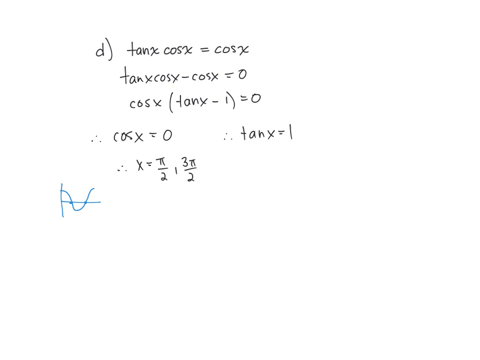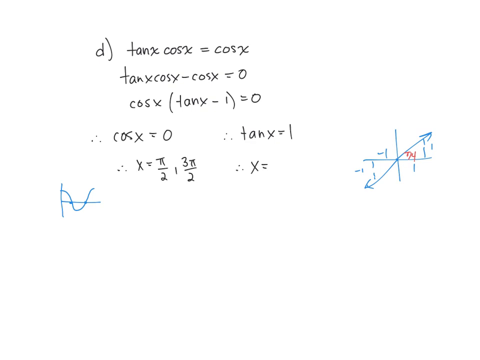For tan, when is tan at a value of 1? So maybe your curve helps, maybe you're going, tan is positive in these quadrants, opposite over adjacent, which means that I'm dealing with a pi by 4 angle.